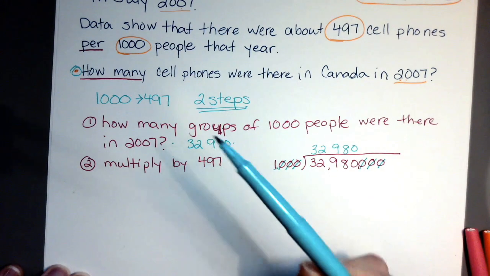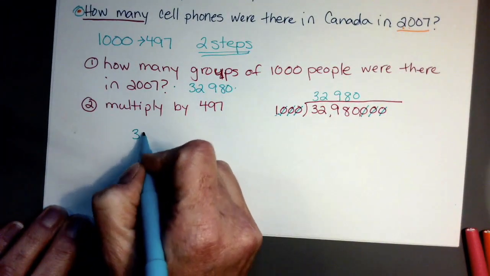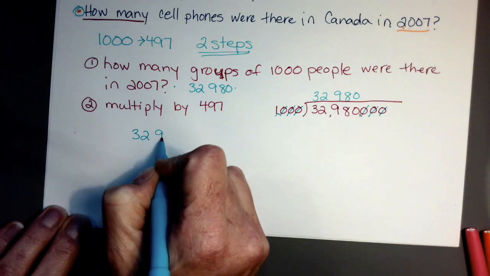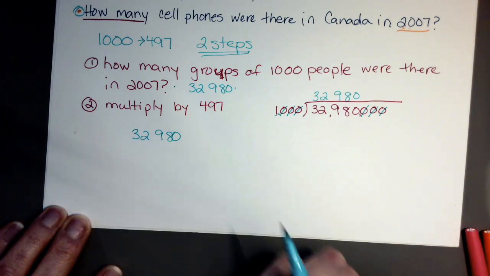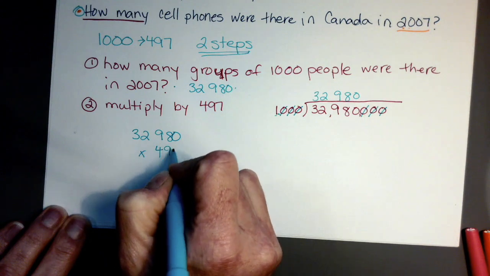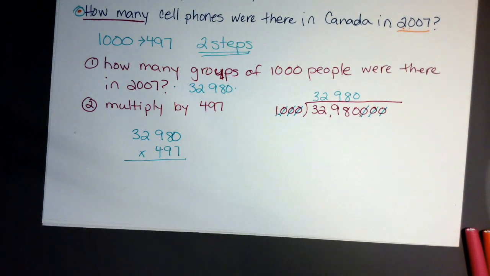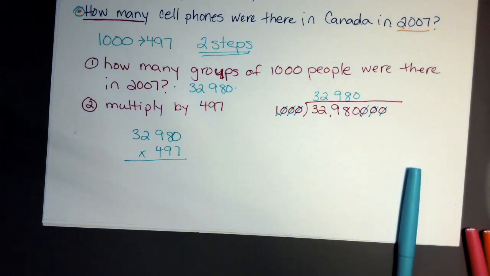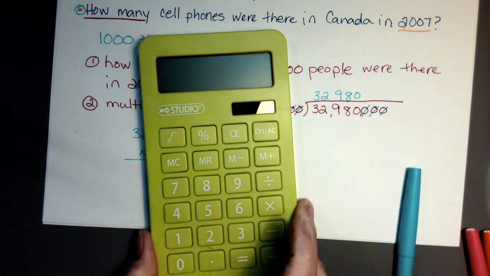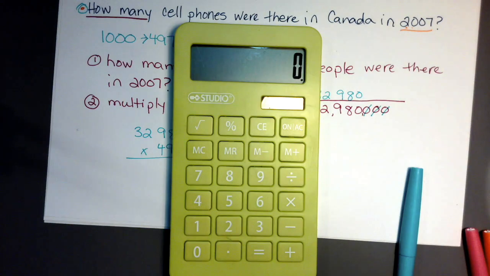So now my next step is going to be 32,980 times 497. Okay, now before you have a heart attack about multiplying that huge number, when it's really big like that, I'm going to say it's A-okay for you to use a calculator. Okay, so let's do this.